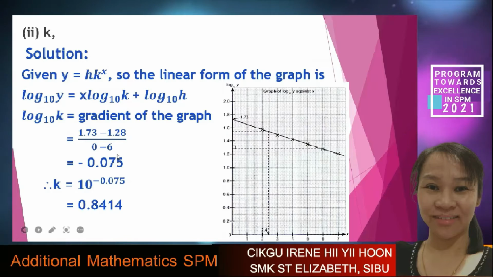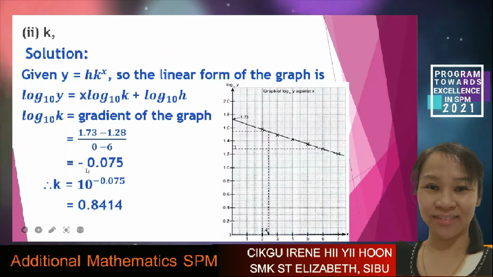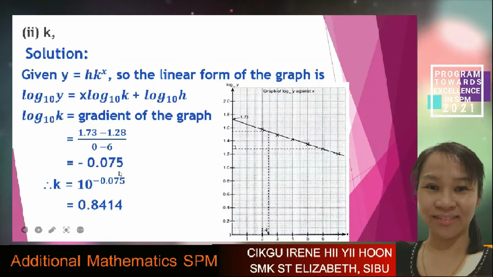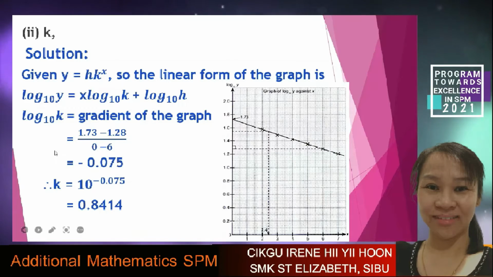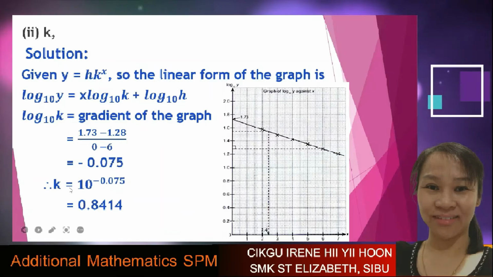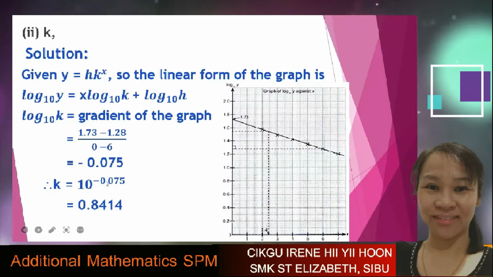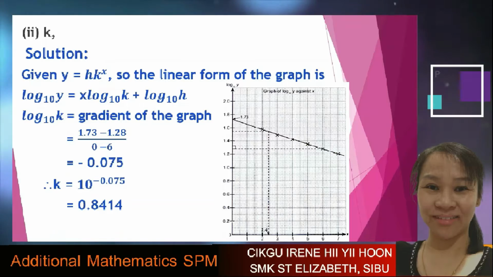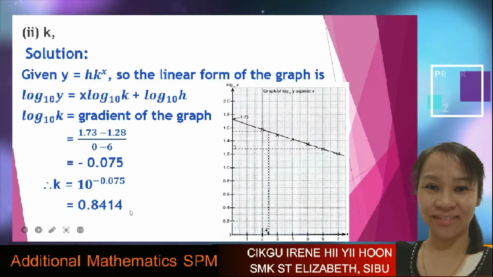So the value of log k is equal to negative 0.075. So by finding the anti-log, the value of k is equal to 10 to the power of negative 0.075. So the value of k is equal to 0.8414.